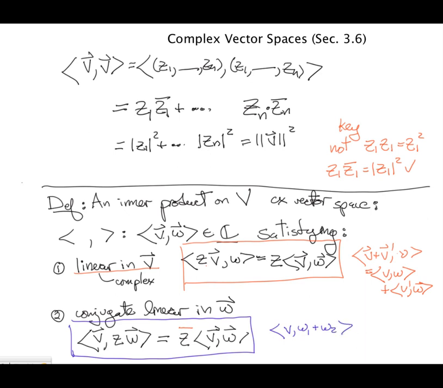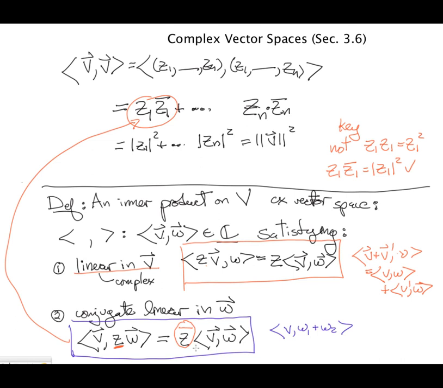But the crucial thing here is that when you pull the z out from the second coordinate, it comes out with a bar. And that's forced on you by this formula right here. If you want this to be an example of an inner product, because of this bar on the second term, scalars are going to pull out with a bar.